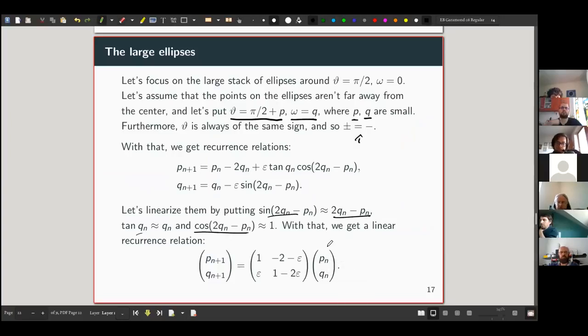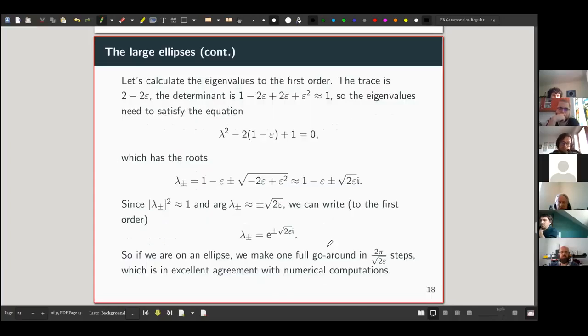And now we can just solve it by the usual means, which means that we first calculate the eigenvalues that need to satisfy this equation. And we are doing everything only up to the first order of epsilon.